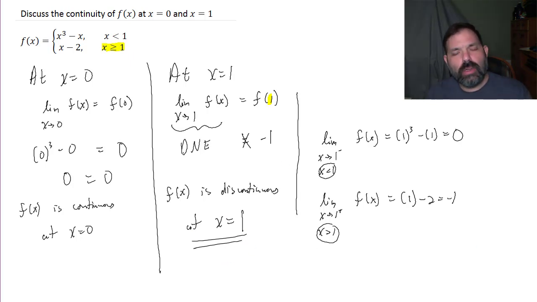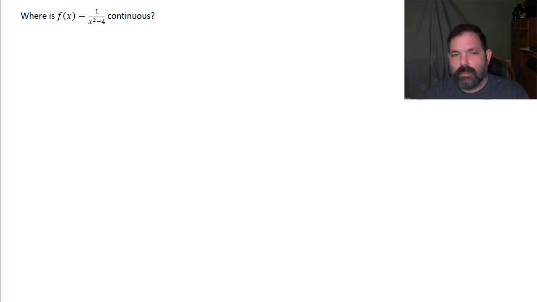So now let's talk more about some functions and see if we can find some patterns for continuity. First, let's think about the function 1 over x squared minus 4. Where is it continuous? Well, we see that it's a rational function.